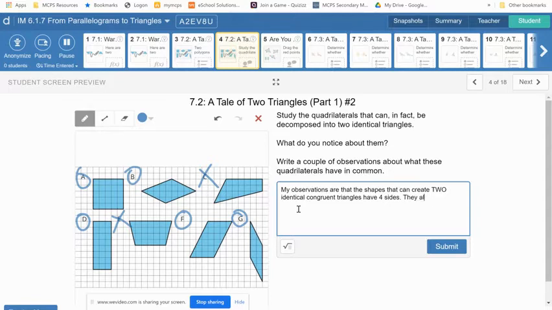They also have opposite identical angles. So if you notice, like this angle opposite from A is 90 degrees, and that angle is 90 degrees. If we had cut from here to here, that angle is obtuse, and so is the angle that's opposite. And when we cut it in half, we're able to create identical triangles.